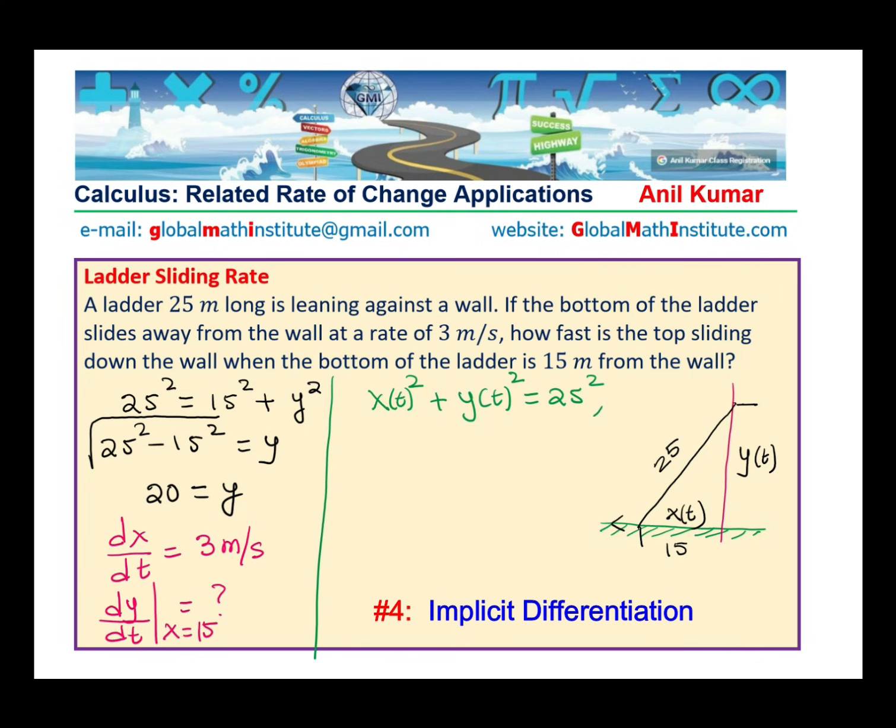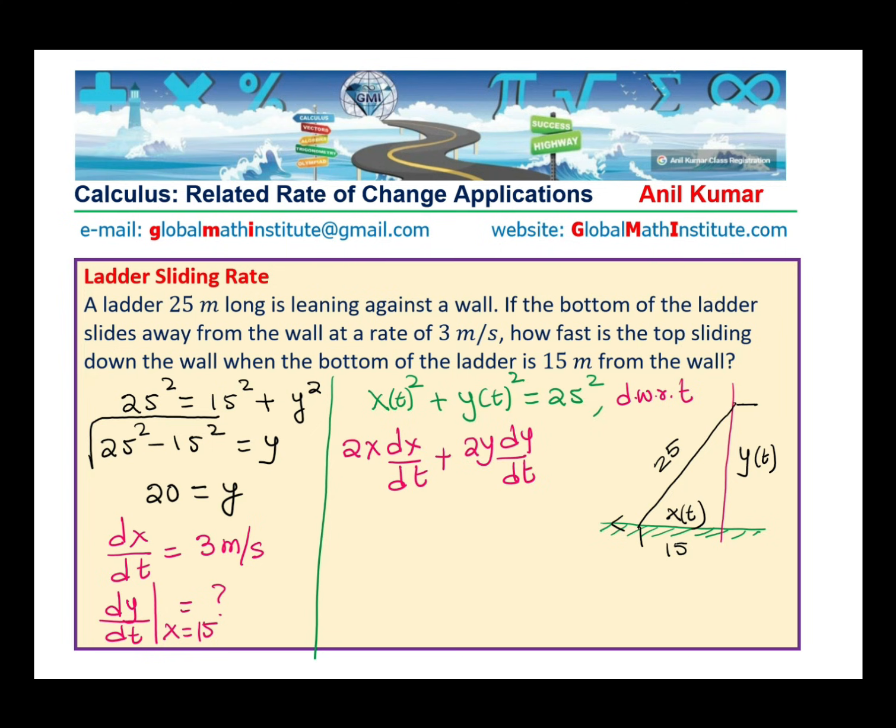Now at this stage, if I differentiate with respect to time, I get 2 times x dx/dt plus 2 times y dy/dt equals the derivative of a constant, which is 0.